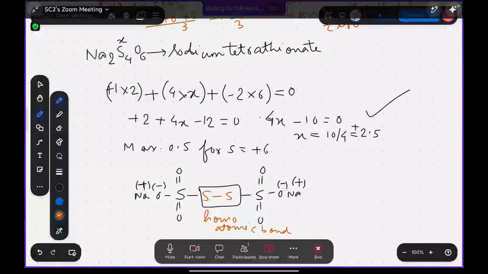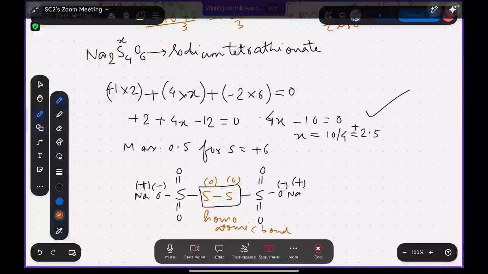So that means the oxidation state of the brown sulfur atoms will definitely be 0. So the other two will have a different one. I hope it is understood to you.